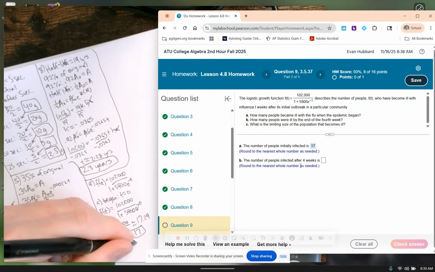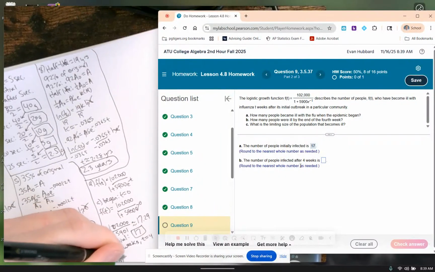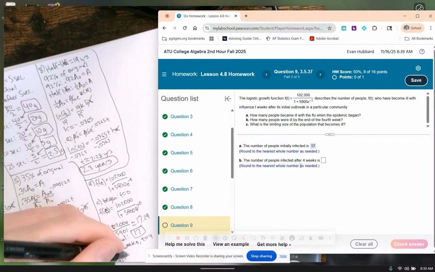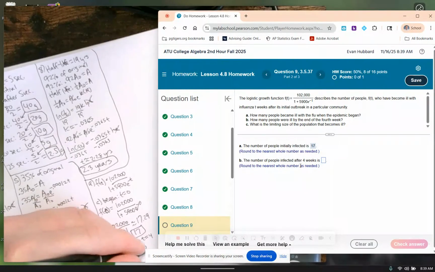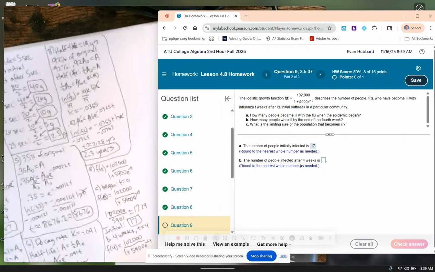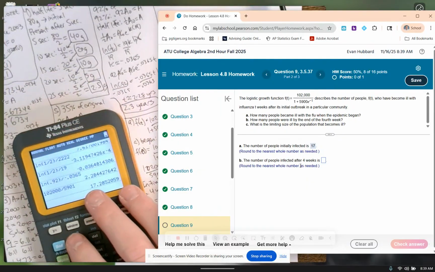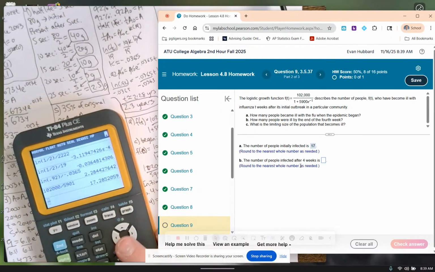And then the number after 4 weeks means t equals 4. So f of 4 is equal to 102,000 over 1 plus 5,900 e to the negative 4. I'm going to use Alpha Trace and do this.